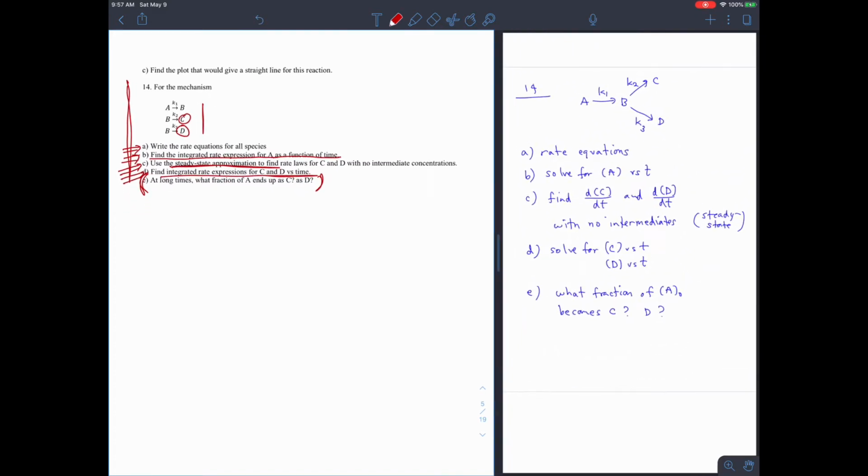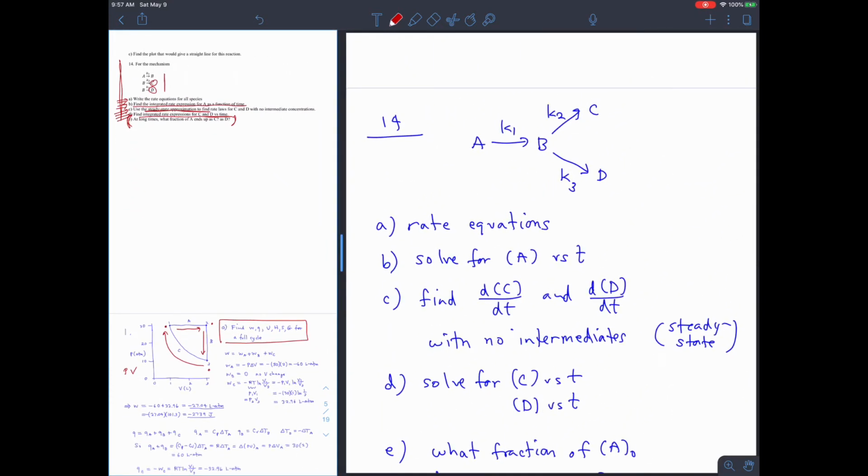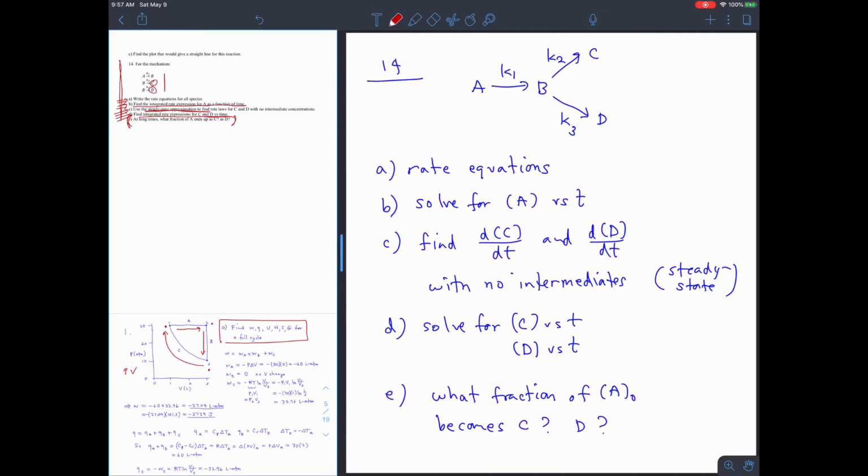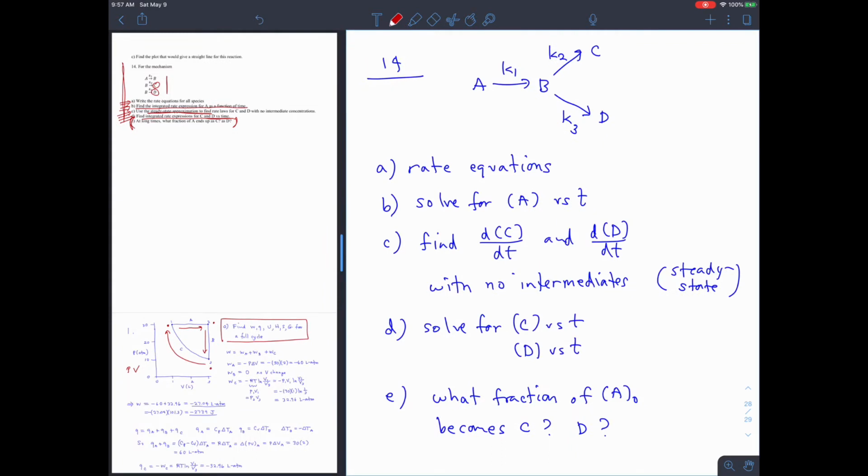Over here, I've written the problem out in a little bit more graphic form, so it's a little bit easier to follow what we're supposed to be doing. First of all, I rewrote the mechanism so that it shows a little bit better what it's actually doing.